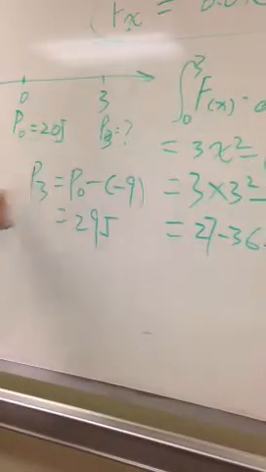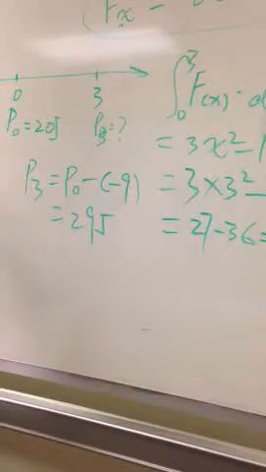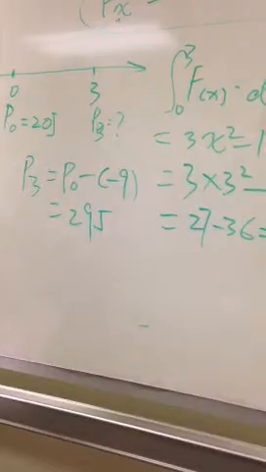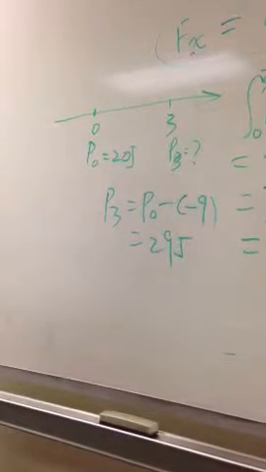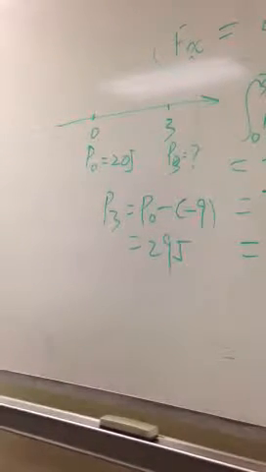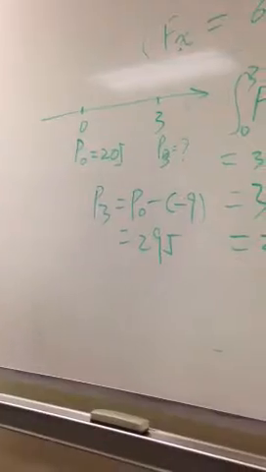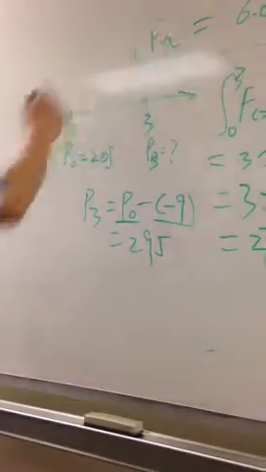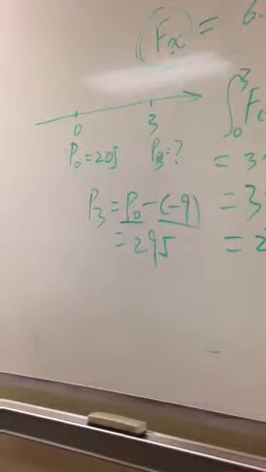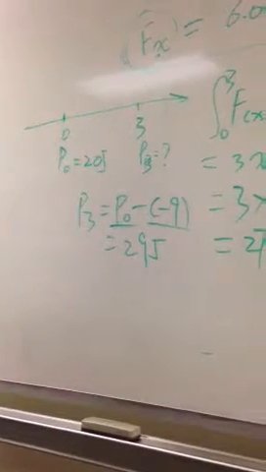So you don't have any problem. Because you did the work, it would be the initial minus the final. The initial potential minus the work.